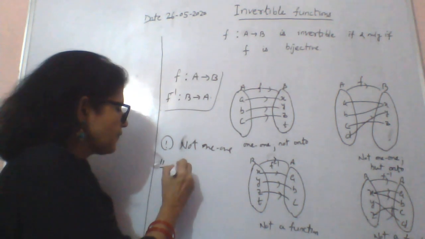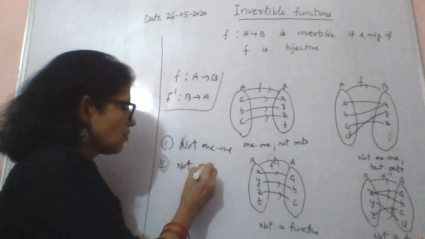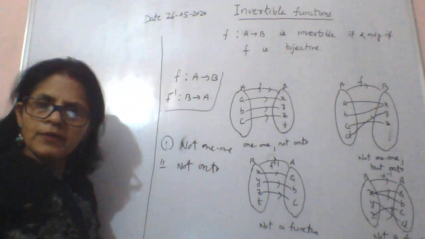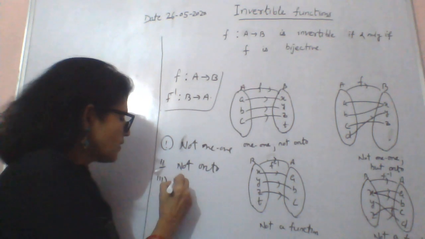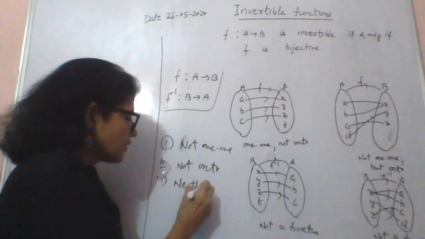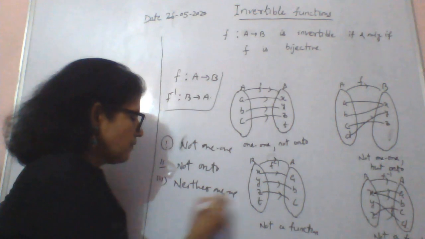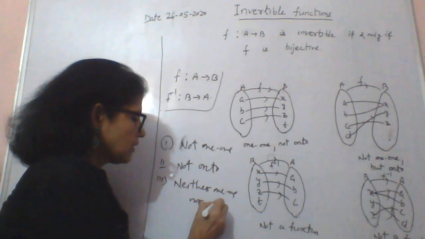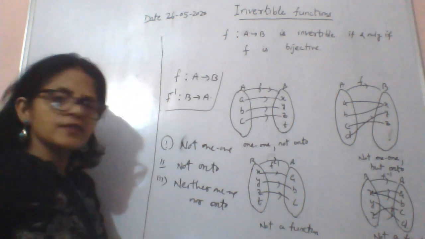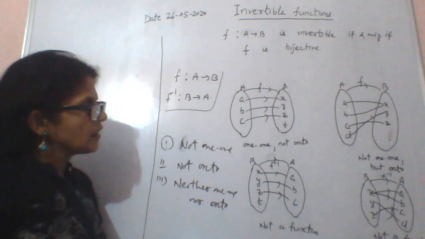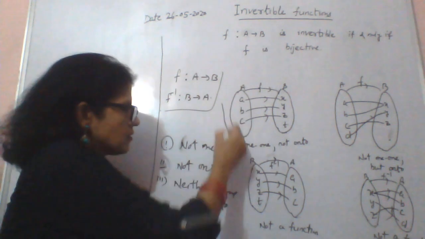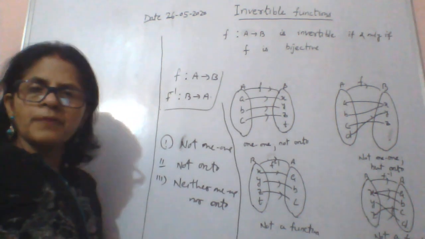Second condition, it is not onto, it may be 1-1, but it is not onto. Third one is neither 1-1 nor onto. So these are the 3 cases in which the function is not bijective.